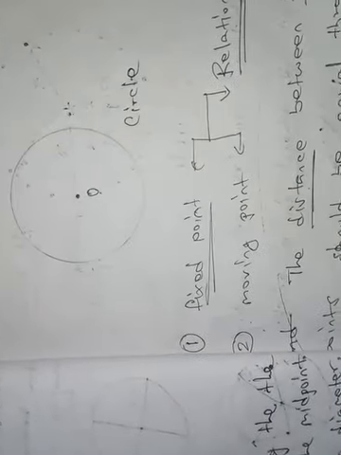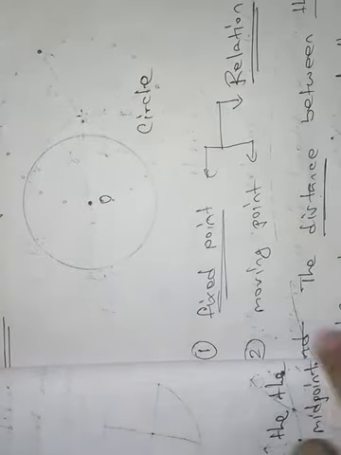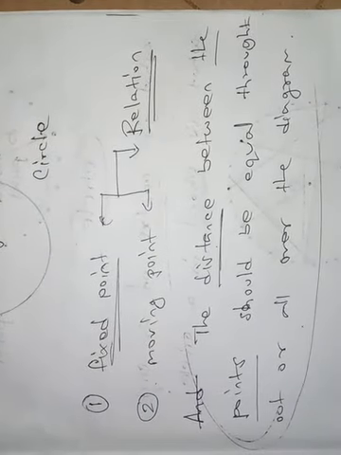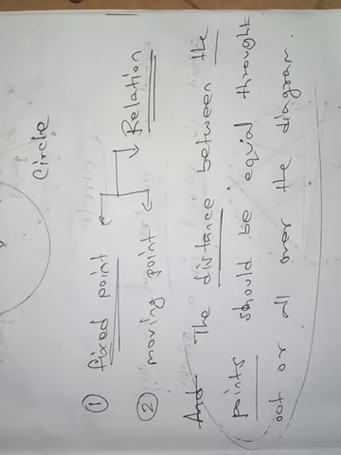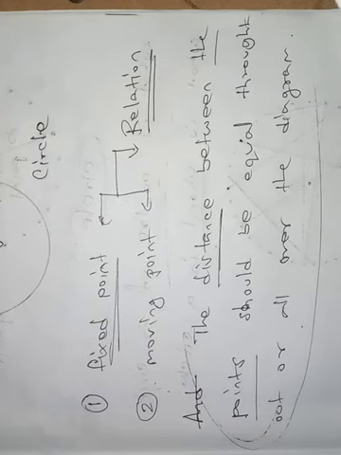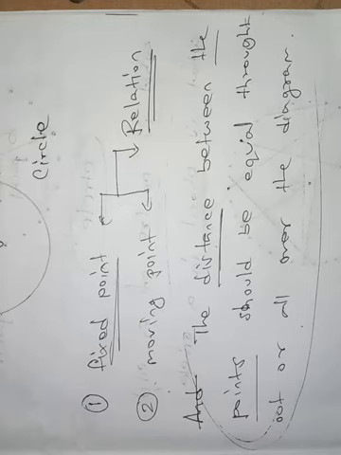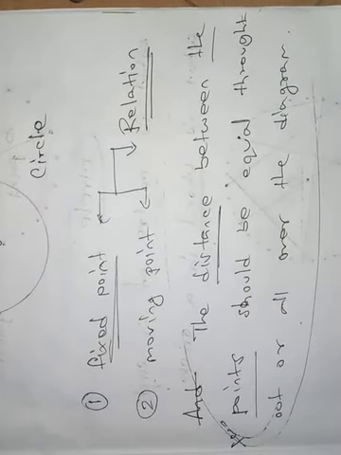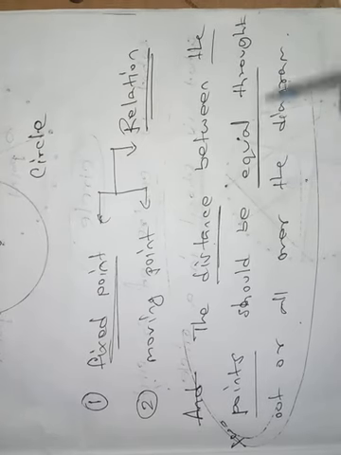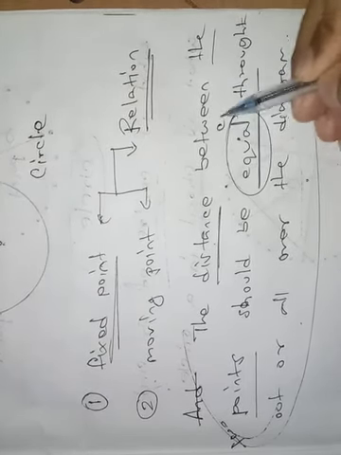When I was saying the definition of a circle, I gave a relation of the 2 points that we need to draw a circle, and the relation is the distance between the 2 points, one is moving point and another is fixed point, should be equal, or you can say constant.